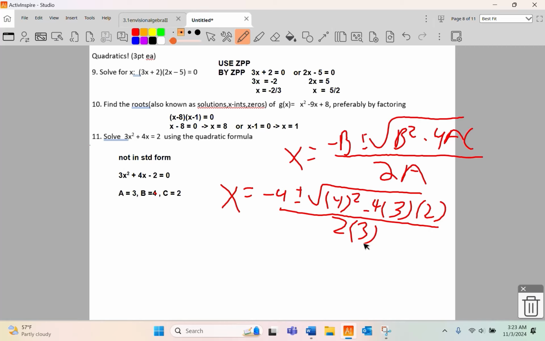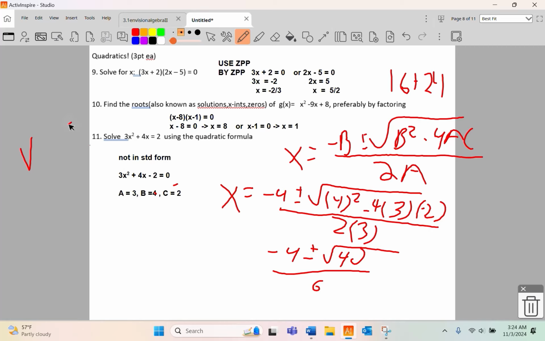So in this radical, we've got 16 minus, oh wow, it's imaginary. 4 times 3 is 12, times 2 is 24, so there's a 16 minus 24, which is a negative 8. I know it's not. It was negative 2. I almost made a mistake there. Look at that. That's 16 plus 24, which is 40. Bad Milbrath. 2 times 3 is 6.